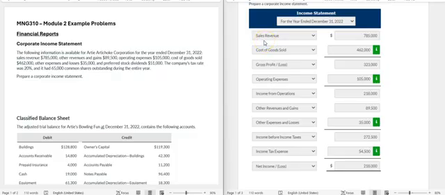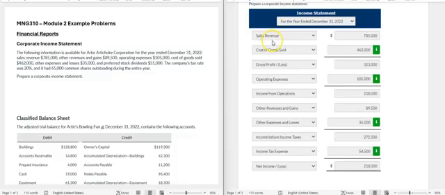And I also know that they had sold inventory to earn this revenue because we were provided information about the cost of goods sold. Recall that the cost of goods sold is the cost of the inventory that was sold to earn those revenues.